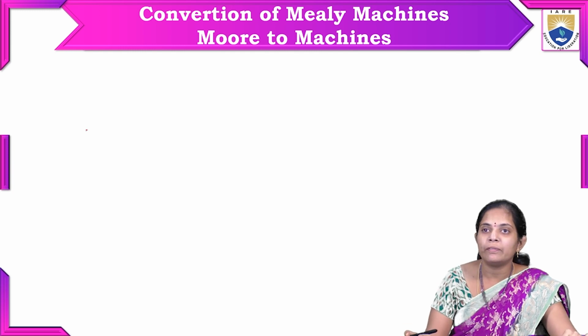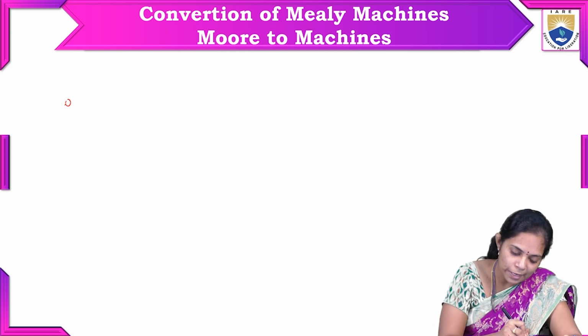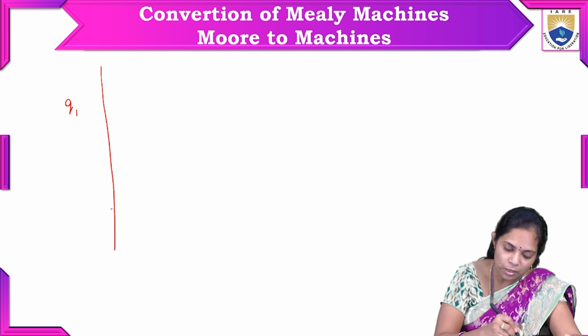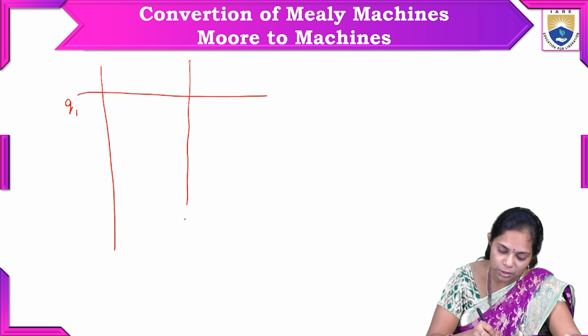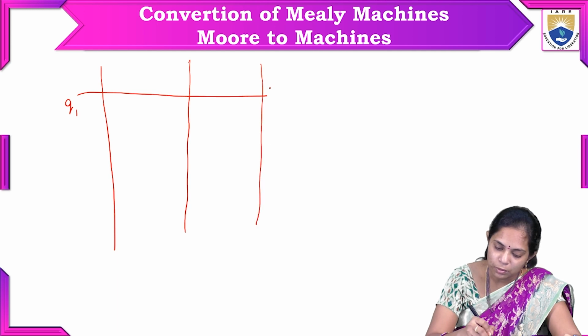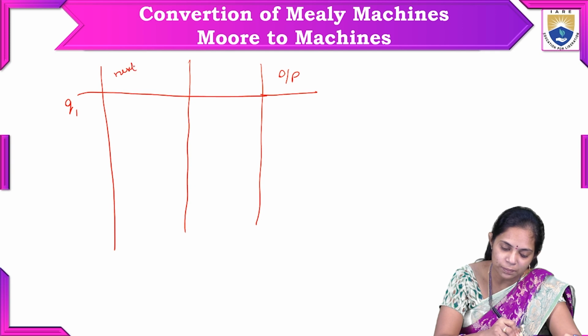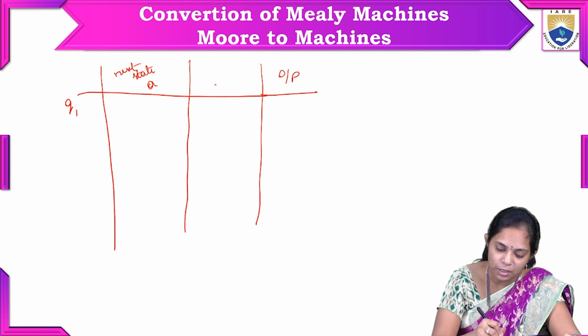And for this one, the Q1 as it is we have written. Let's draw the Moore table. In this Moore table, this is the output, and this is the next state for A as an input and B as an input, along with the output we will write.